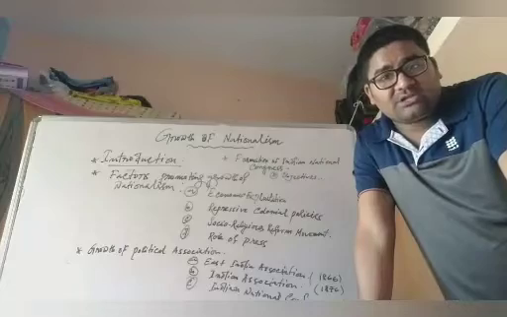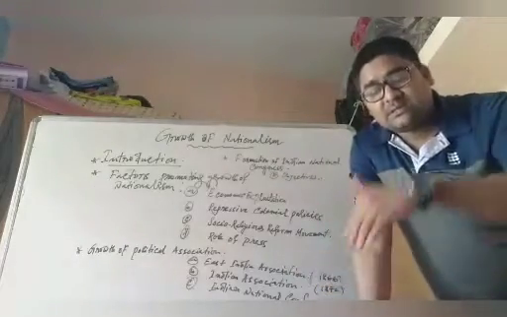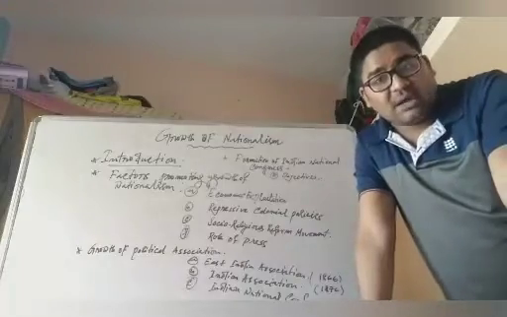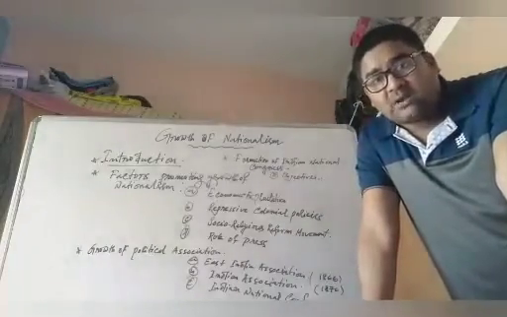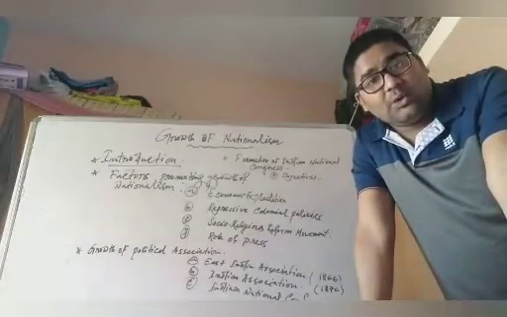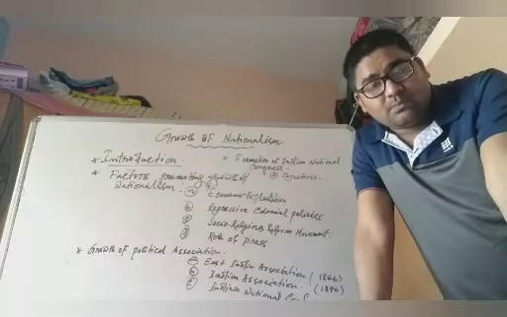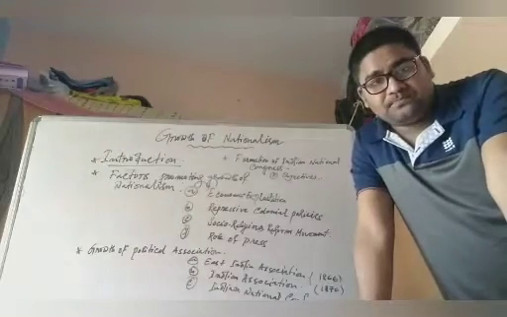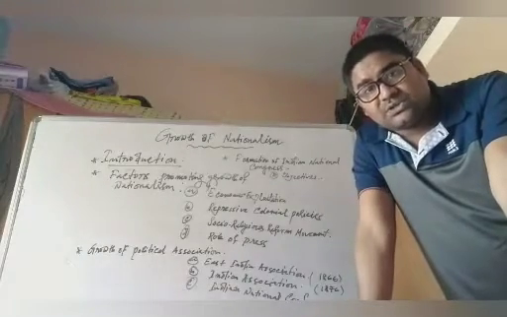That realization led the Indian leaders to establish a national organization. But at that time, help came from an unknown source. That unknown person was A.O. Hume, Alan Octavian Hume.